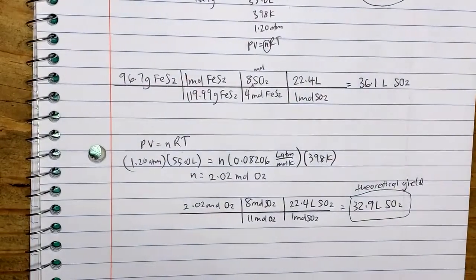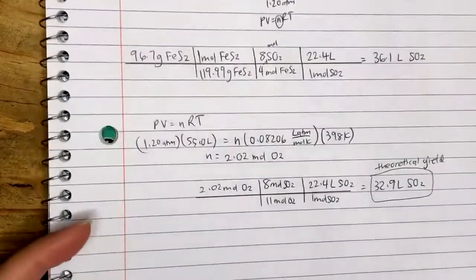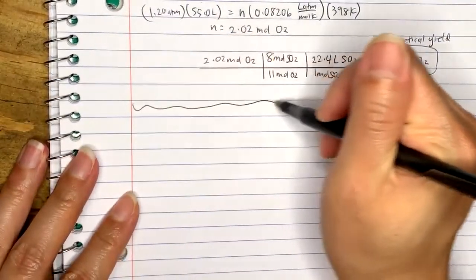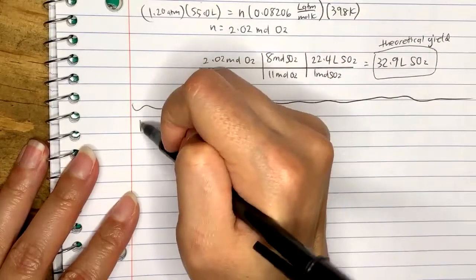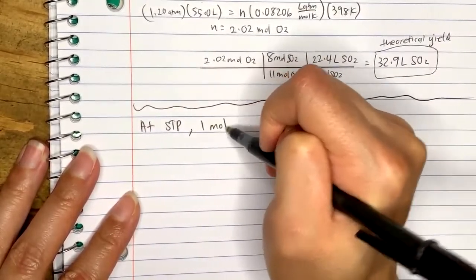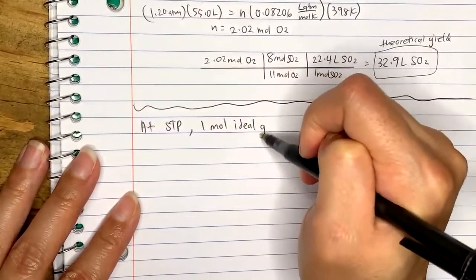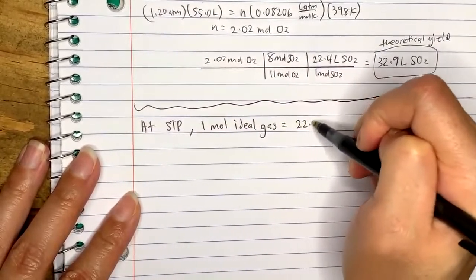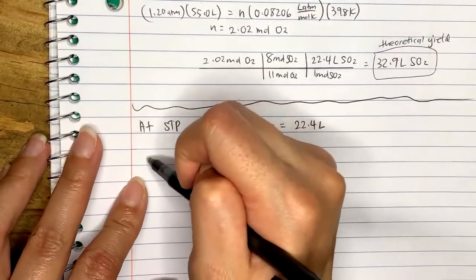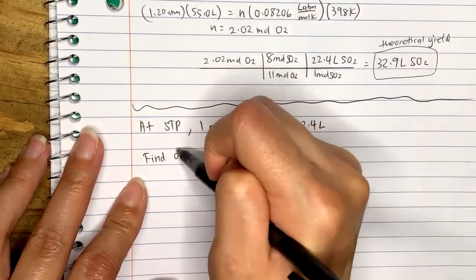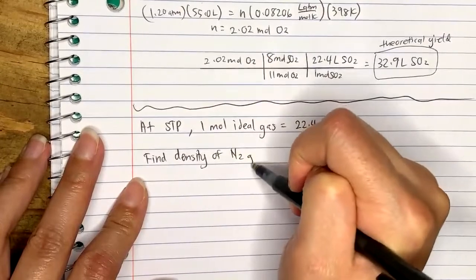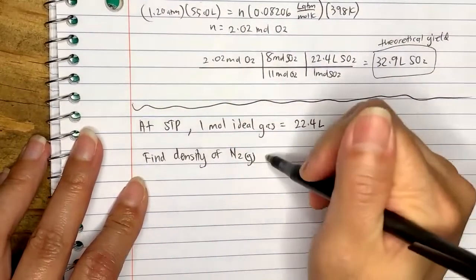Okay, so here's another cool observation. Because at STP, 1 mole of ideal gas takes up 22.4 liters. Okay, that's this part here. I want you to find the density of nitrogen gas, just an example, at STP.